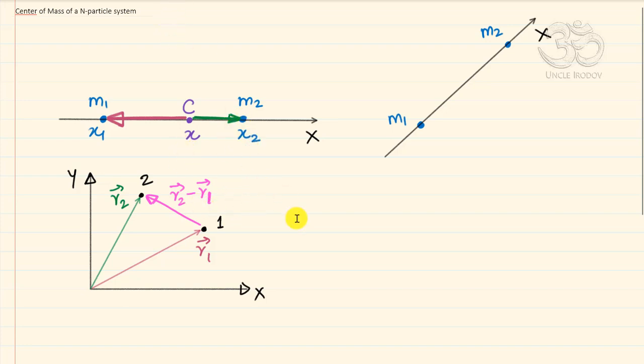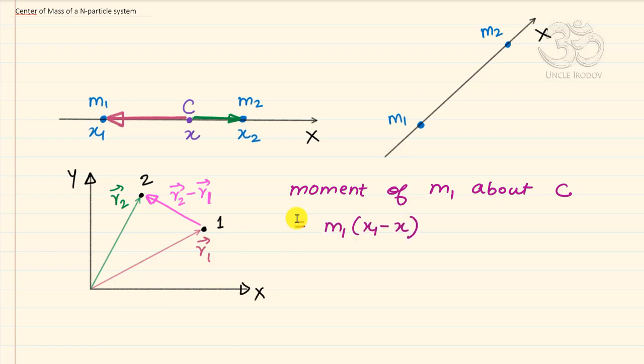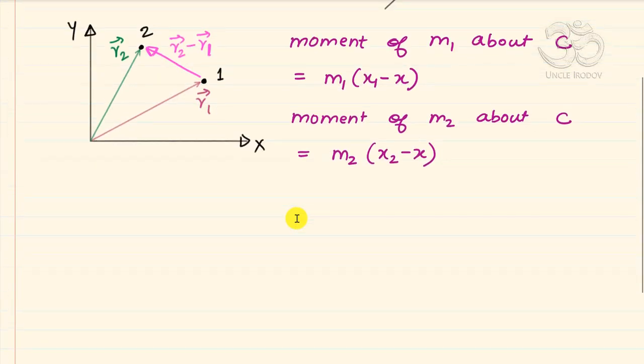So therefore, I can say the moment of m1 about C is going to be m1 times (x1 minus x), and the moment of m2 about C is going to be m2 times (x2 minus x), and I want the sum of these two moments to be 0.